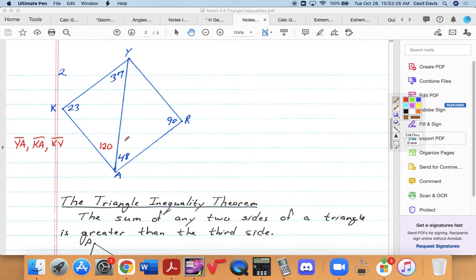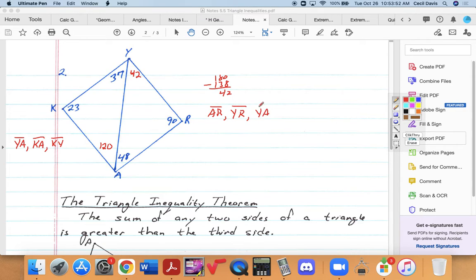All right, now let's do this triangle. Let's see, 90 plus 48 is 138. From 180 is 42. So what's the shortest side? AR. Then what? YR. And what's the biggest side?